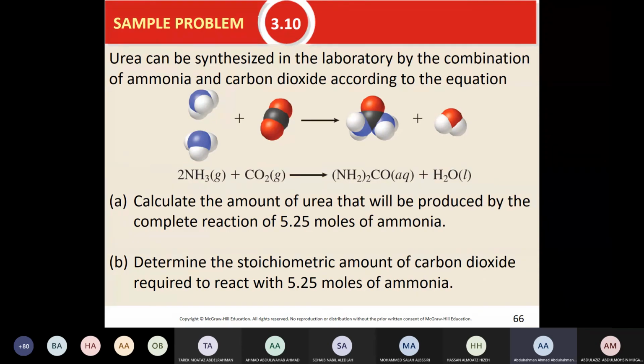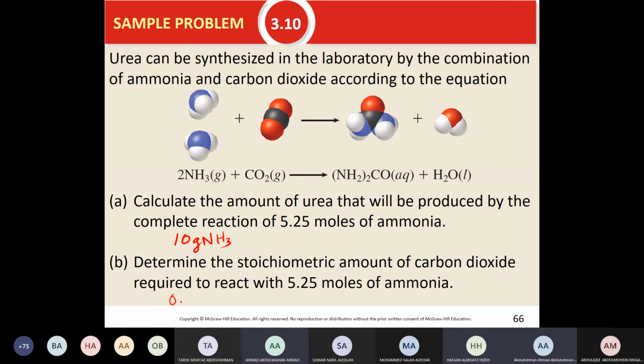I said 10 grams of NH3, and you should tell me how many moles this is. Give me an answer. You divide by 17.01. It will be 0.59.